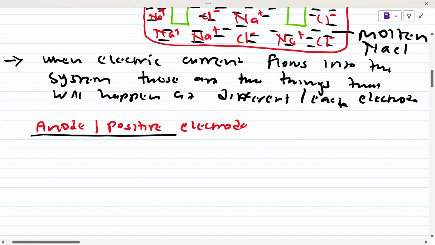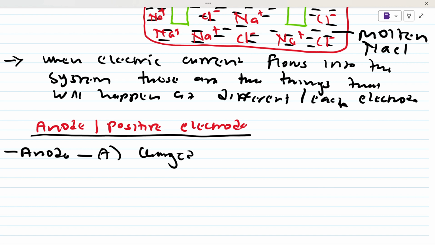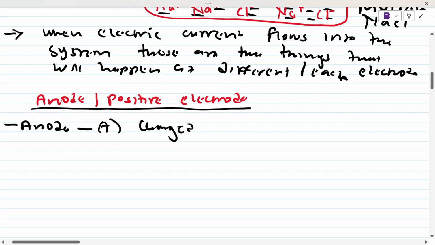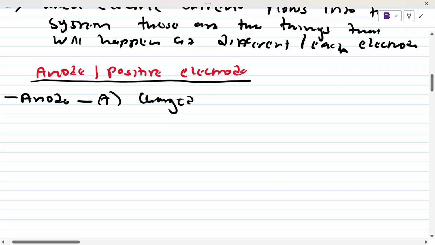Now, when electric current flows into the system, we know very well that the anode is positively charged, and therefore, based on the rule of electrostatics, we know that like charges will always repel and unlike charges will always attract. So that principle in physics enables us to know what will happen at the anode.